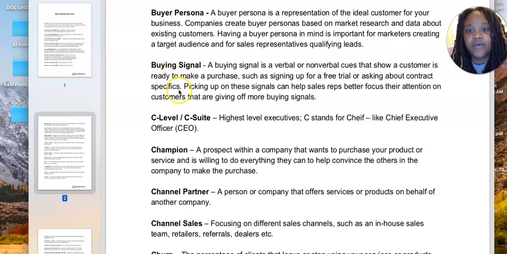Buying signals. These can be verbal or non-verbal buying cues that show if a customer is ready to make a purchase, such as signing up for a free trial or asking about contract specifics. So picking up on these signals can help a sales representative better focus their attention on the customers that are giving off more buying signals.